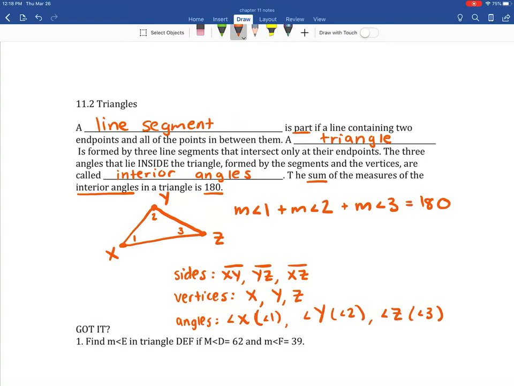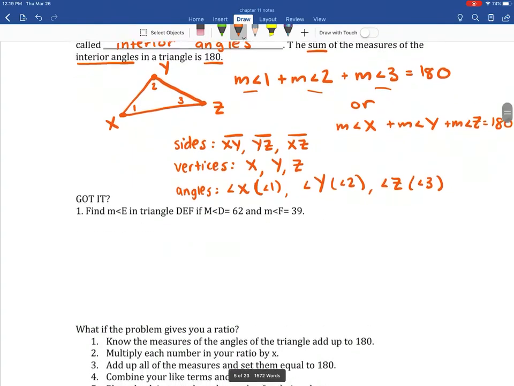And we know that those three angles, whether you say them as 1, 2, and 3, or you say them as X, Y, and Z, they add to 180 degrees.